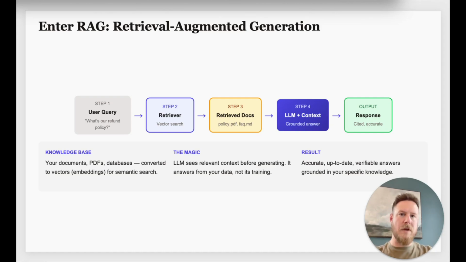This improves the result accuracy. It also ensures that it has up-to-date information that may not be in its training data, and it reduces the risk of hallucinations, which can give you more verifiable answers. So this is a pattern that's used by places like Microsoft Copilot, Perplexity, and many enterprise search systems built on top of large language models at this point.